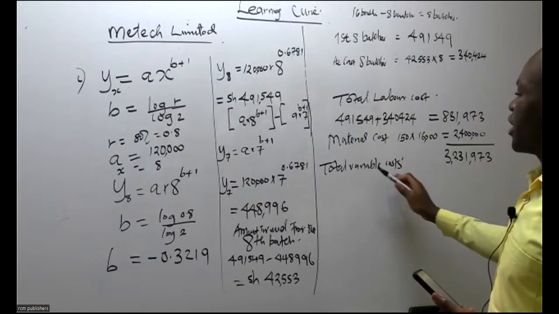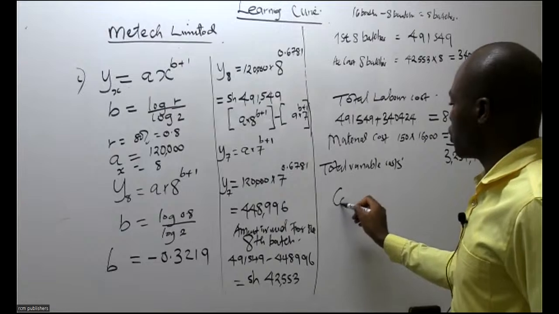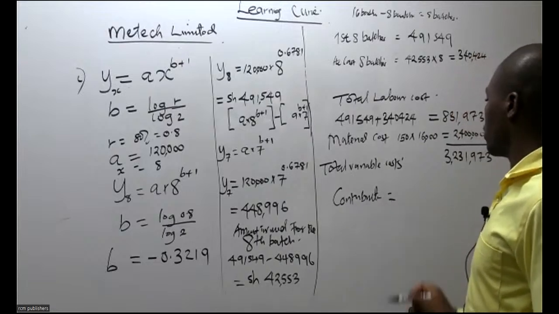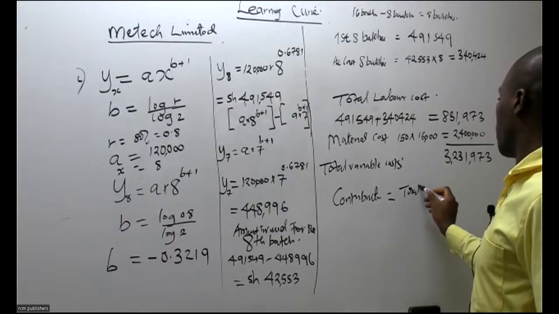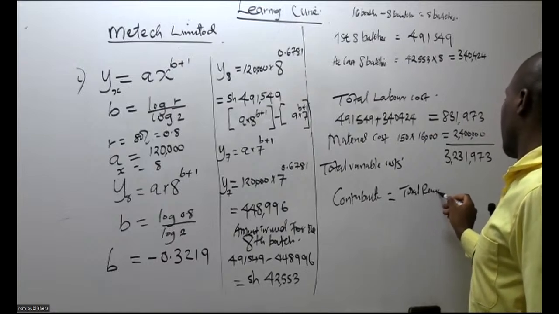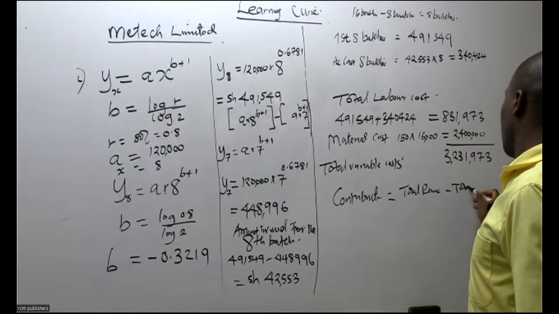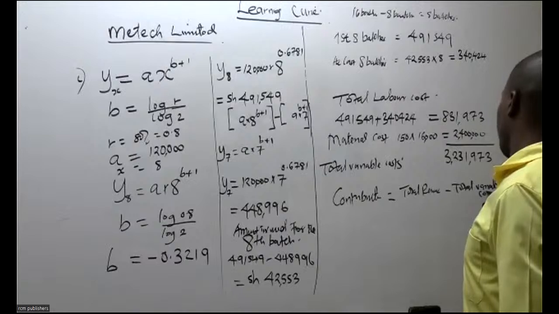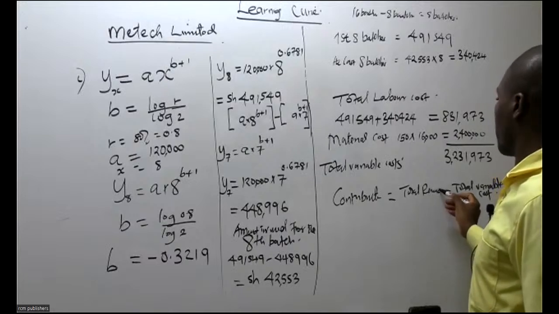That is the total variable cost. How do we normally get contribution? Contribution is equivalent to total revenue or sales less total variable costs. Do we have total revenue anywhere?